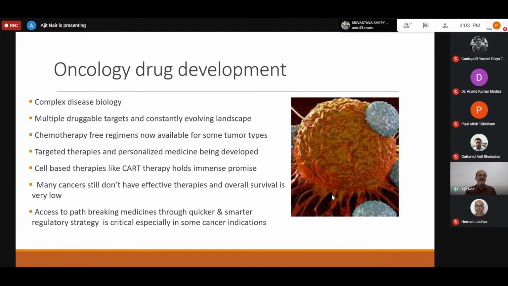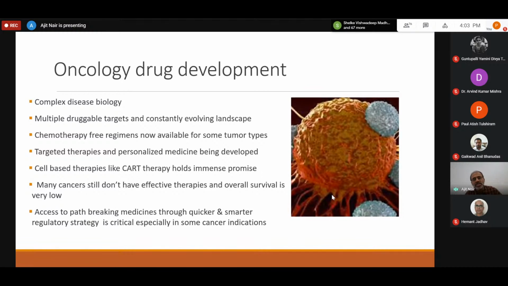They're still not effective therapies, and some of them are really orphan diseases where there's not much drug development happening, right? So it's very important for the industry and the regulators to work very close to each other, to see that drug development is done properly by the industry.